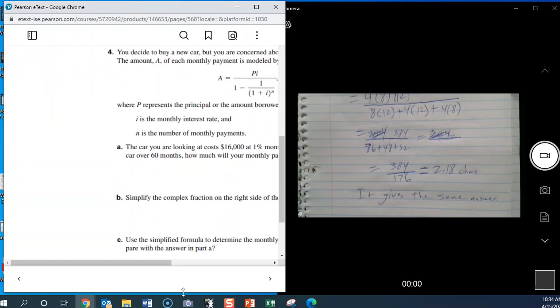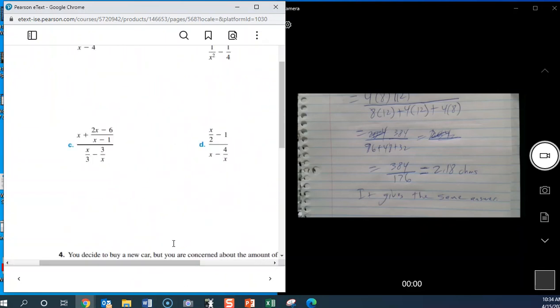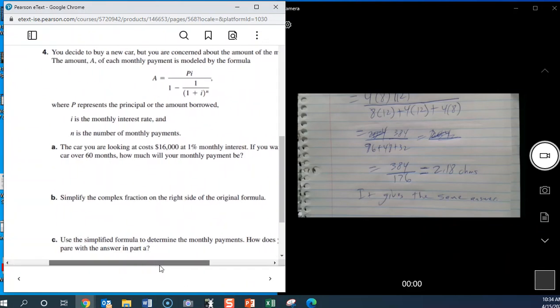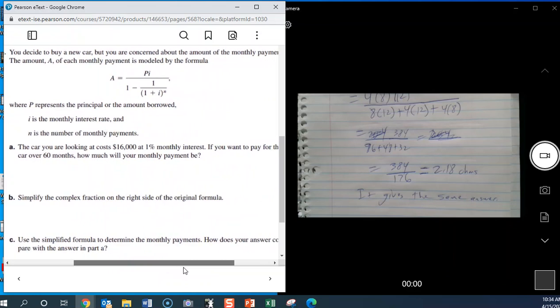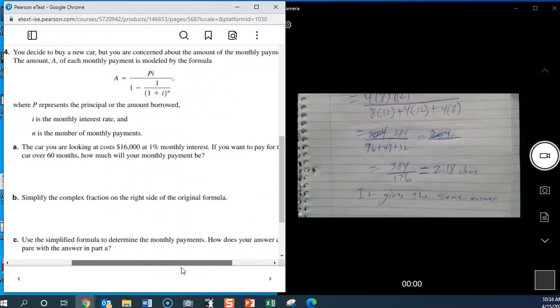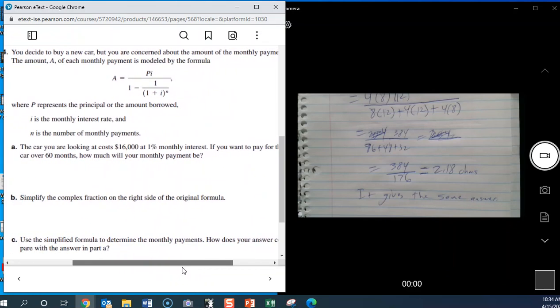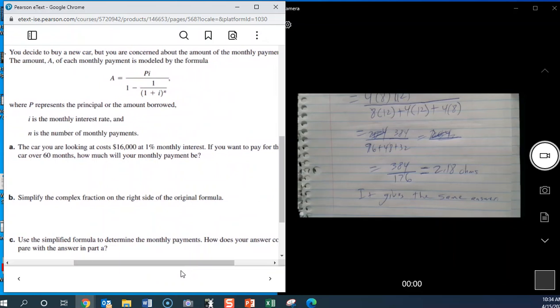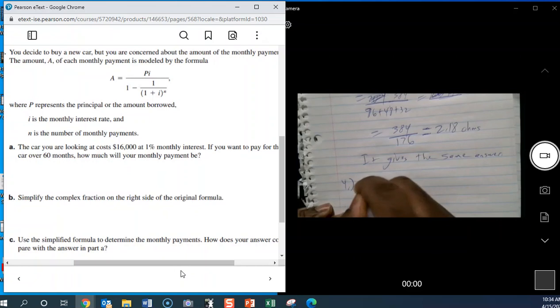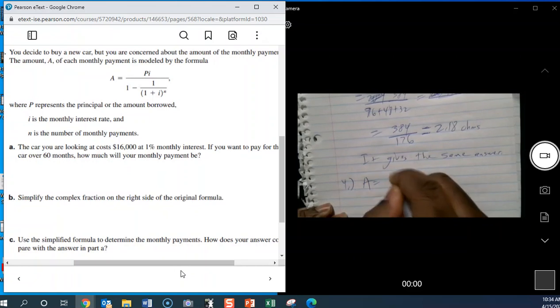Okay, problem number 4. It says you decide to buy a new car, but you are concerned about the amount of the monthly payments. The amount A of each monthly payment is modeled by the formula where A is equal to pi divided by 1 minus 1 over 1 plus I to the n power.